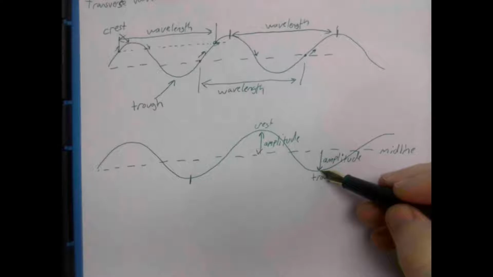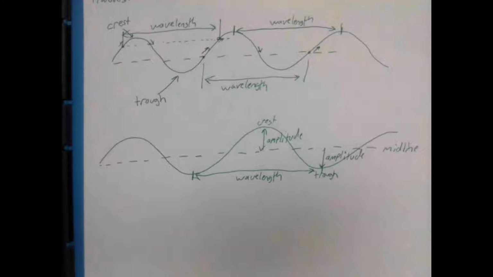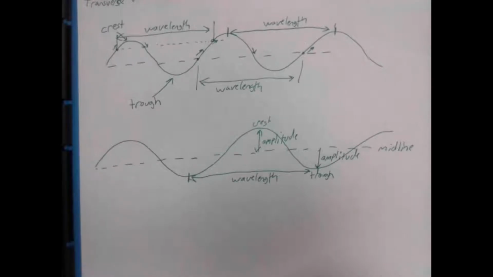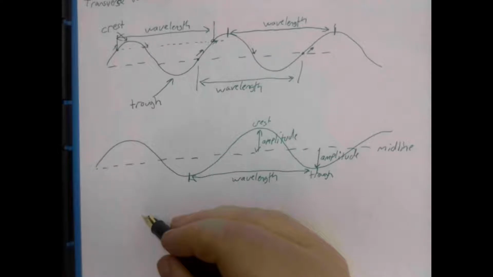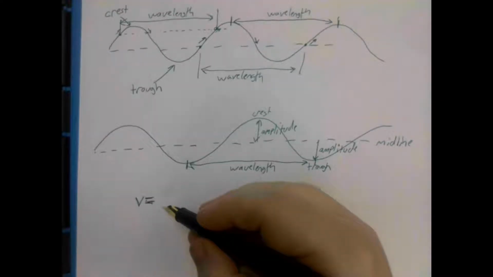What's the equation for wave speed? Wave speed. Velocity is equal to what? The speed of light is 3 times 10 to the 8.